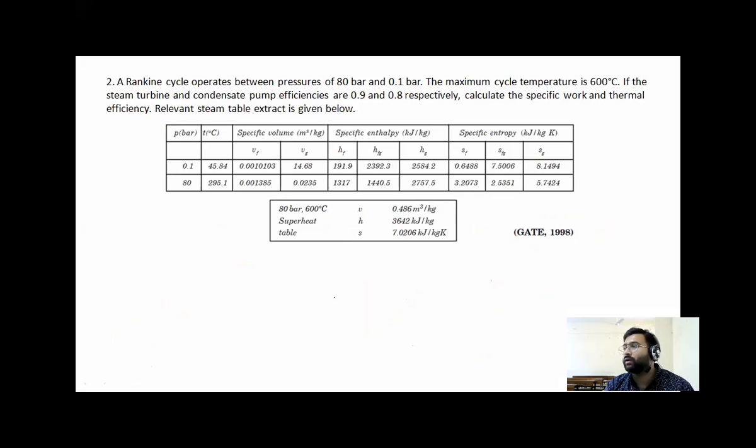Now, next example I have taken from GATE, that is GATE 1998. So such questions are always asked in GATE examination. I think the table is not visible or what? Huh?